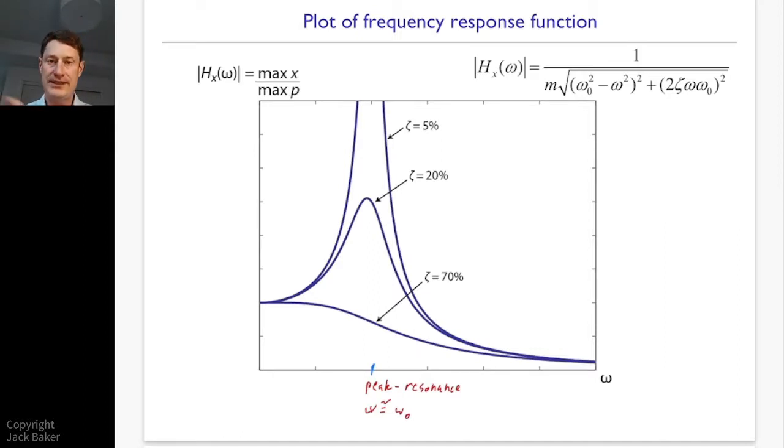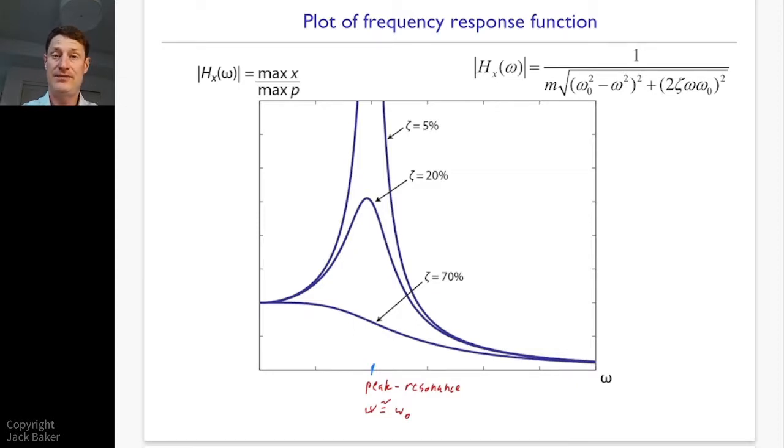And so if the excitation omega is very similar to the omega naught, or the omega d, which is quite similar numerically for a lightly damped structure, then we get these big responses, right? So if I've got a system that wants to vibrate at frequency omega naught, and I put in a harmonic vibration close to omega naught, I'm going to get a really big response out of the system, right?